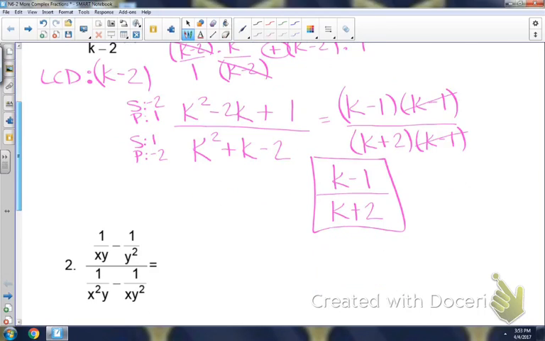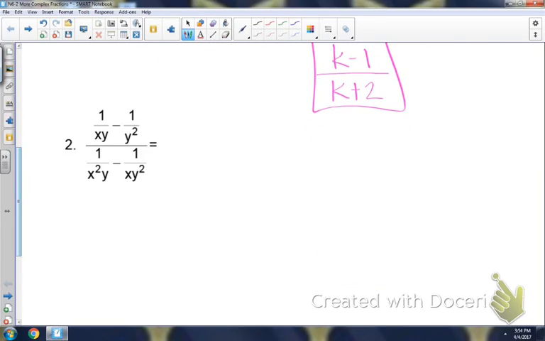Okay, looking at 2, we need to find the LCD. So I'm bringing down the x, bringing down the y from the first denominator, xy. On the second one, we have y squared, which means we have 2 y's. We already have 1, so we need to bring another one down.